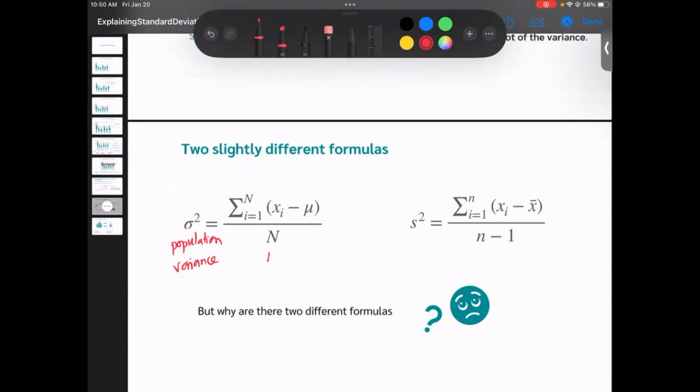N is the population size. Mu is your population mean. What is the sample mean? What's the notation for sample mean? I mentioned it before. X bar, right? X bar.